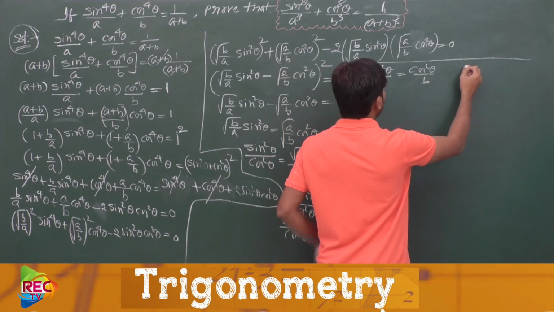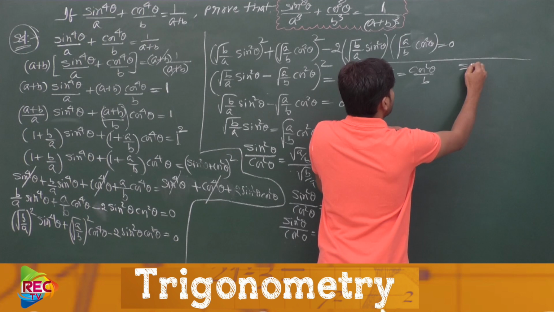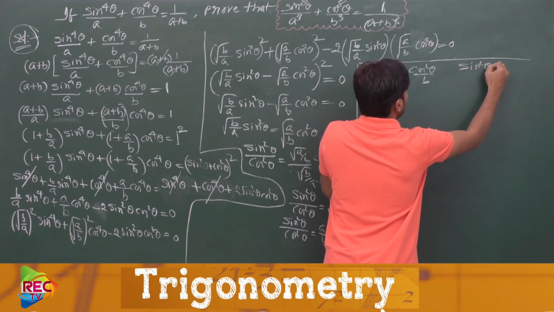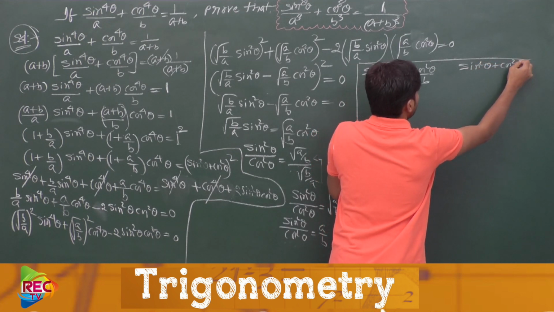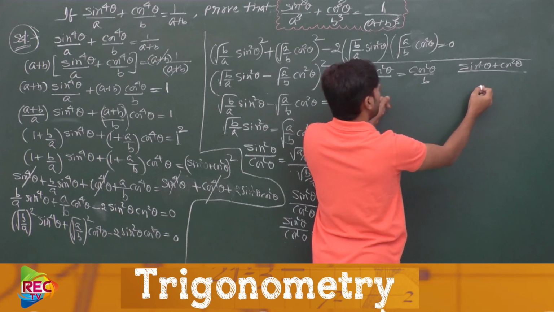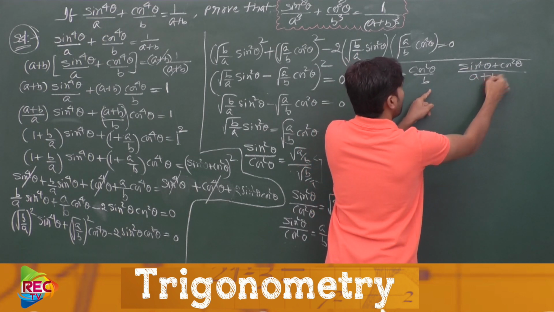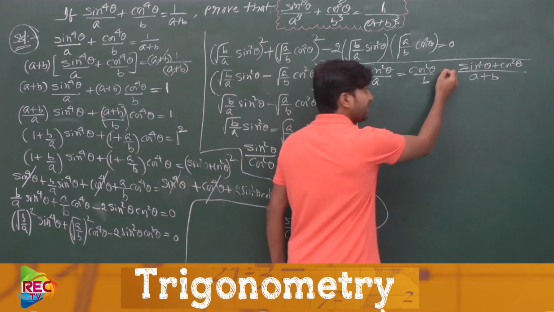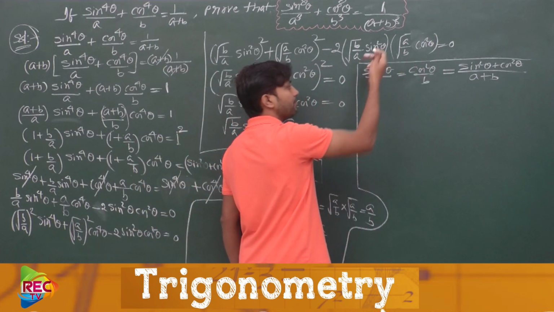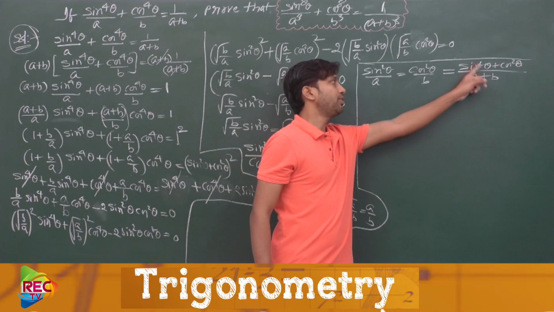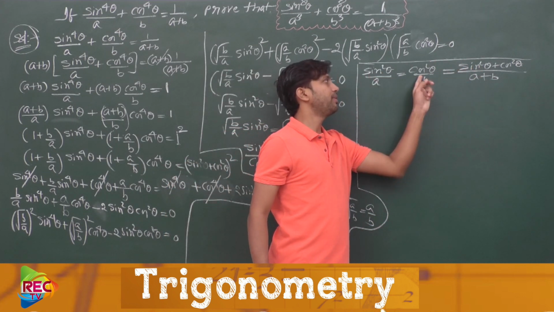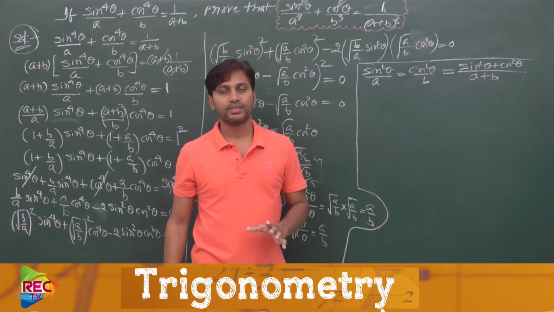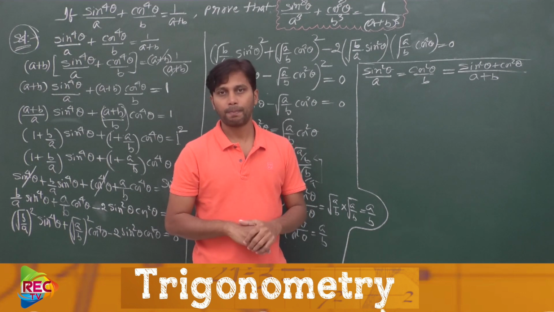Now the ratio obtained by adding upper parts: sin square theta plus cos square theta by a plus b. Got it? Like this we can take, and this ratio will be equal to both of them, right? This ratio is equal to this ratio, and this ratio will be again equal to this ratio. You need to understand this very well.